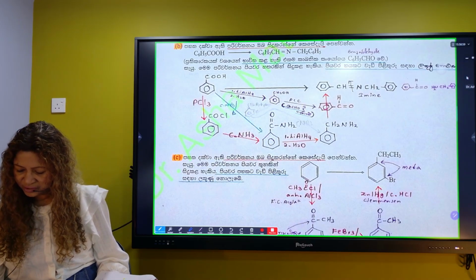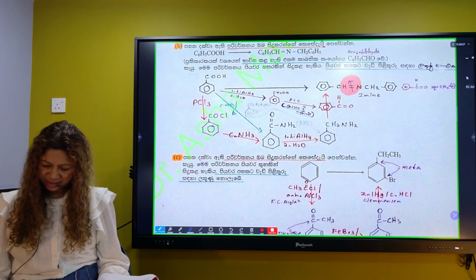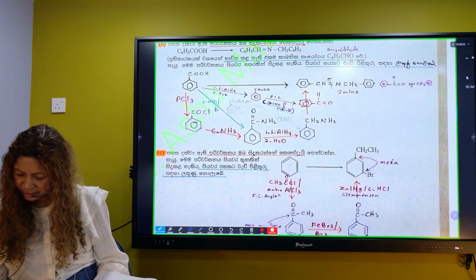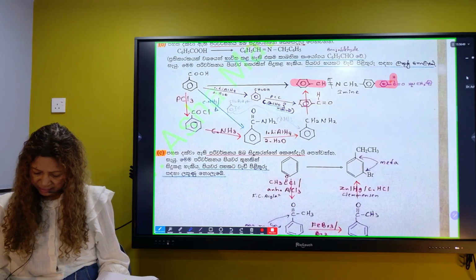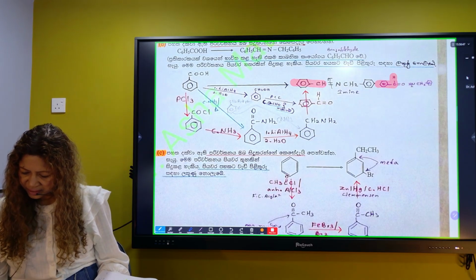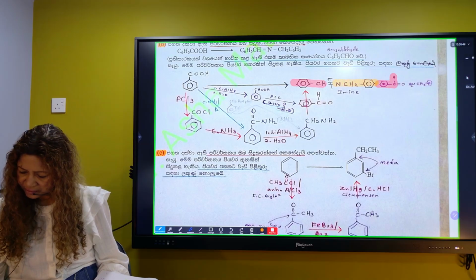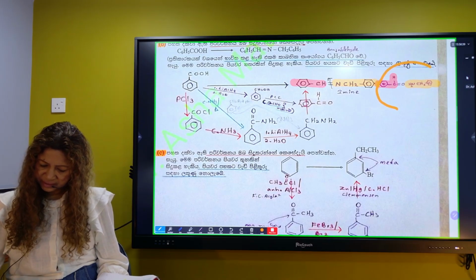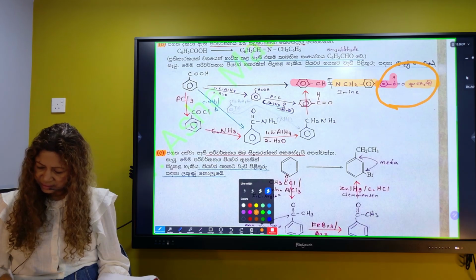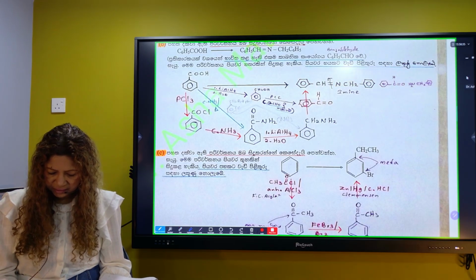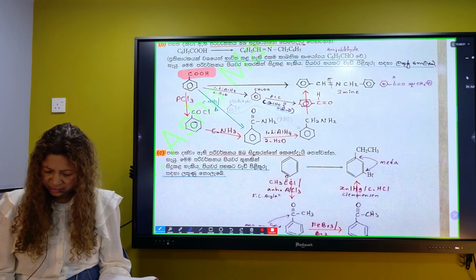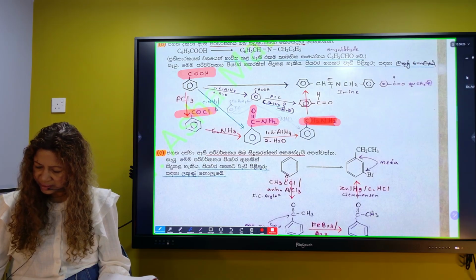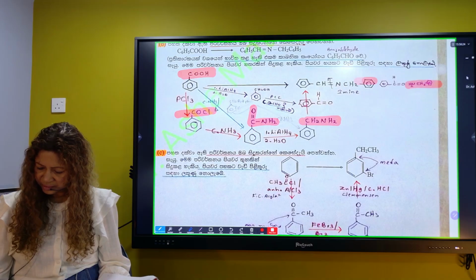Maximum. So what is this? This is an imine. How would you make an imine? Imines are coming through carbonyl compounds and amine compounds. This part. So you are making these two. So make a COOH, COCl, CONH2, CH2NH2, and that is this part.